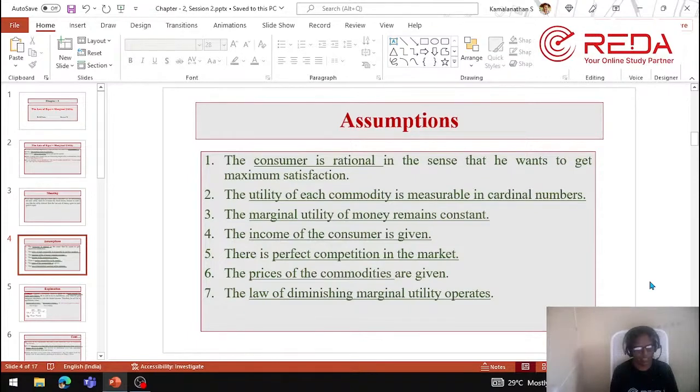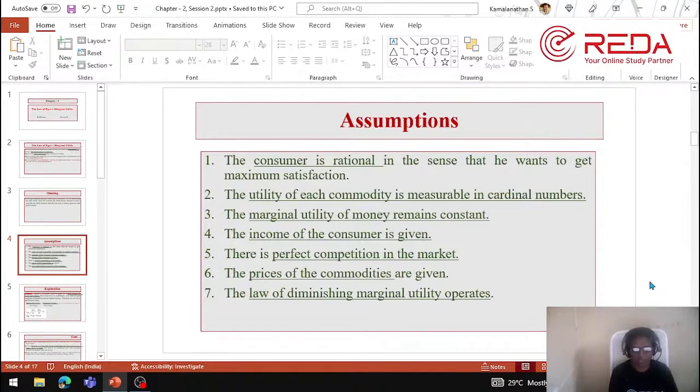Which means it's a place where the consumers can find many commodities. Among them he is going to choose two commodities, and from those two commodities, what level of utility he is going to get, we are going to analyze, which was said by Marshall.